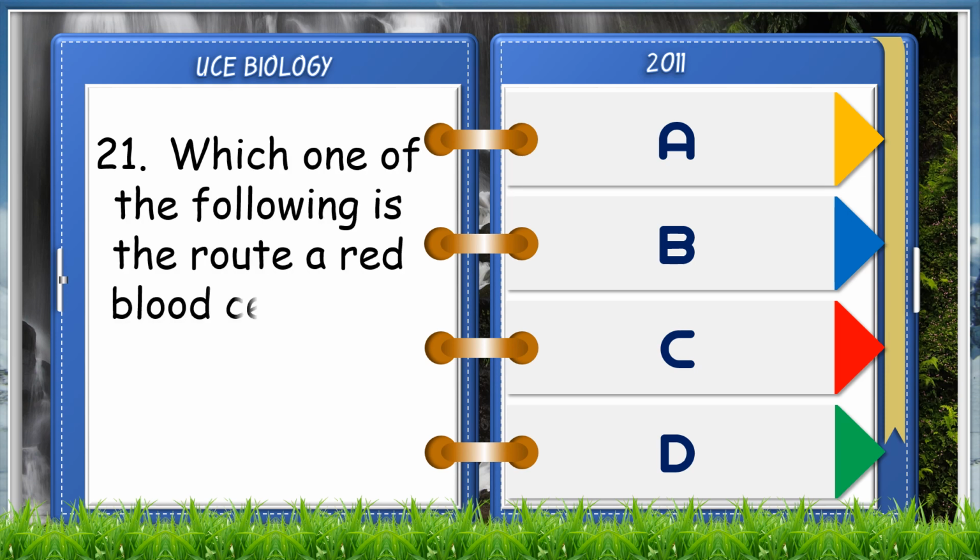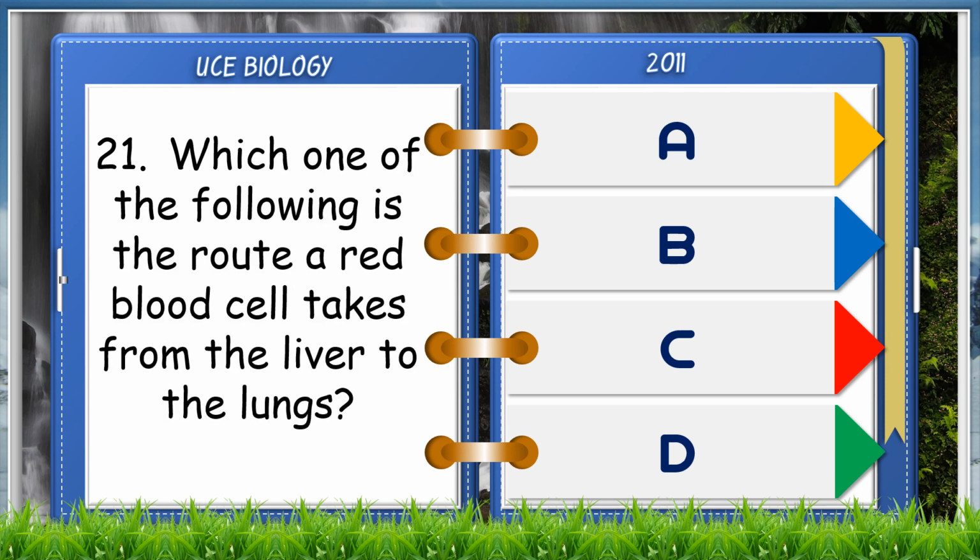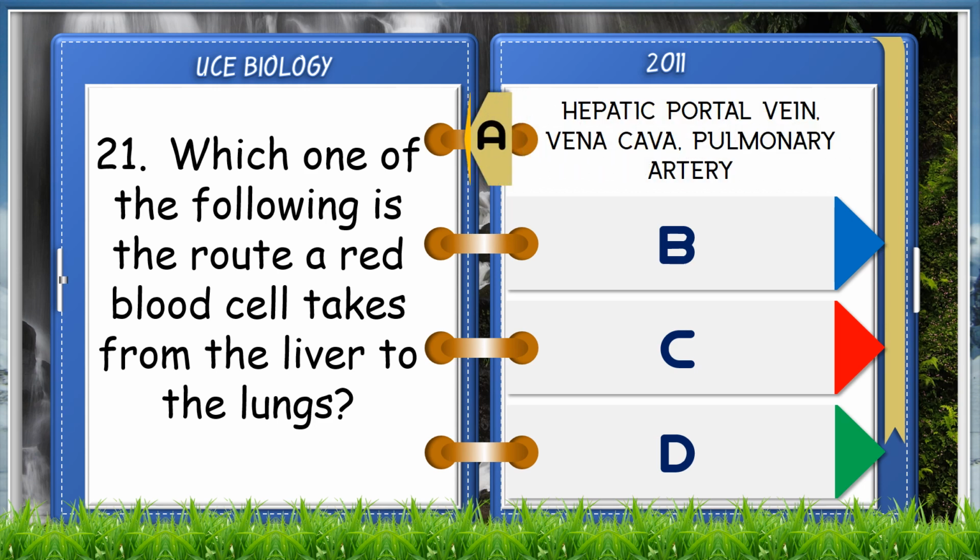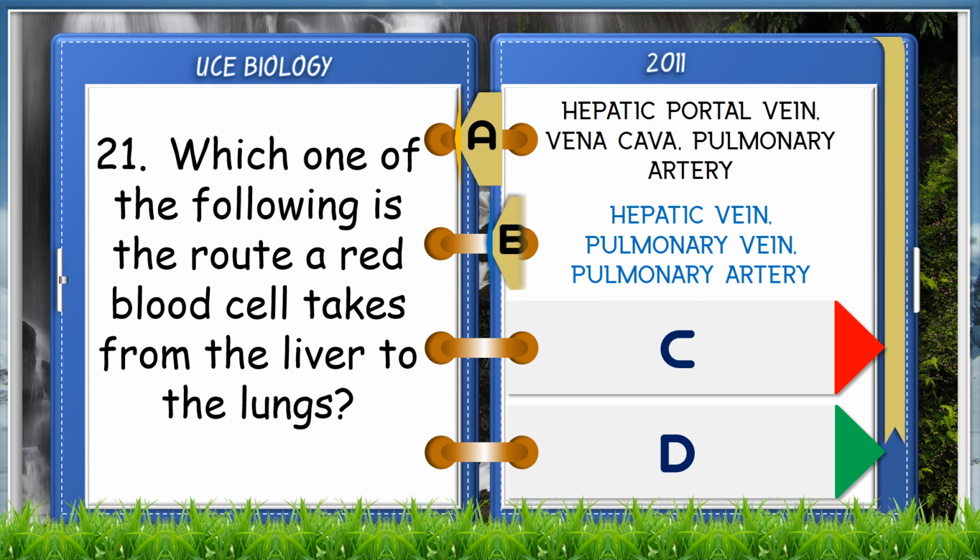Which one of the following is the route a red blood cell takes from the liver to the lungs? A. Hepatic portal vein, vena cava, pulmonary artery. B. Hepatic vein, pulmonary vein, pulmonary artery.